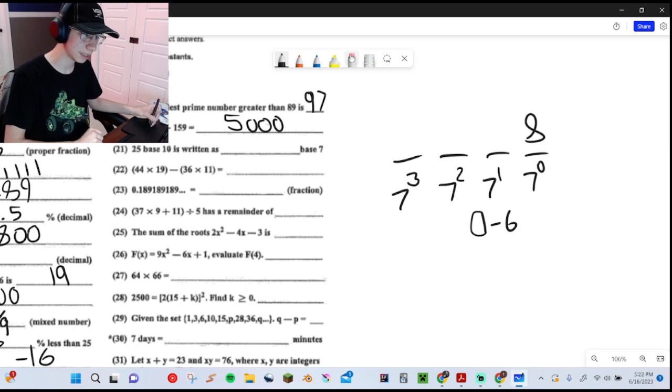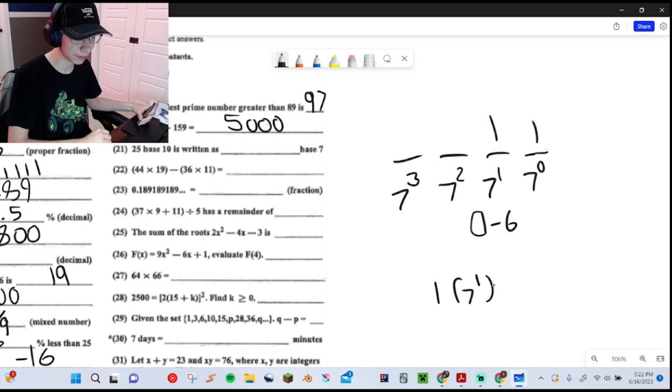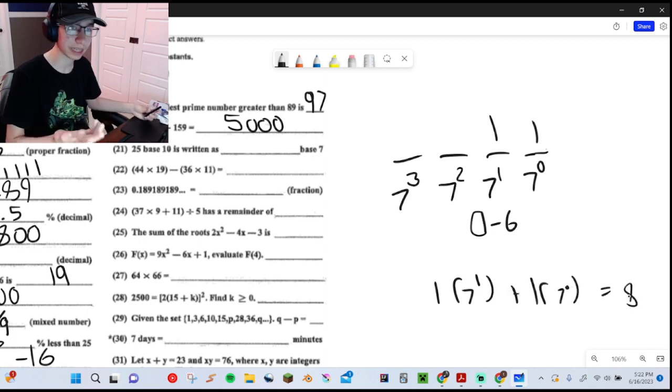We'd have to express the value of 8 using this place value. We'd write it as 1, 1 base 7, or 11 base 7. Because if I did 1 times 7 to the first plus 1 times 7 to the 0, I get 8.